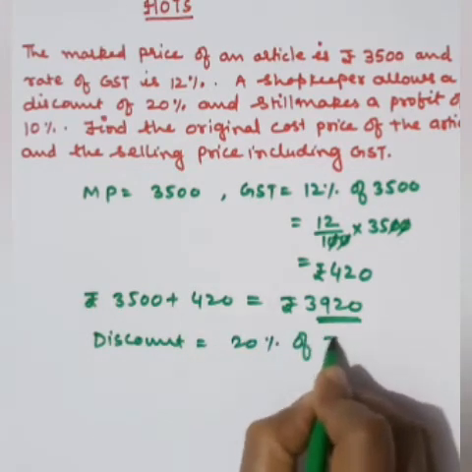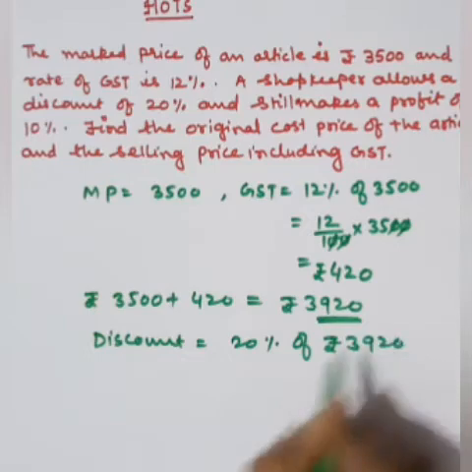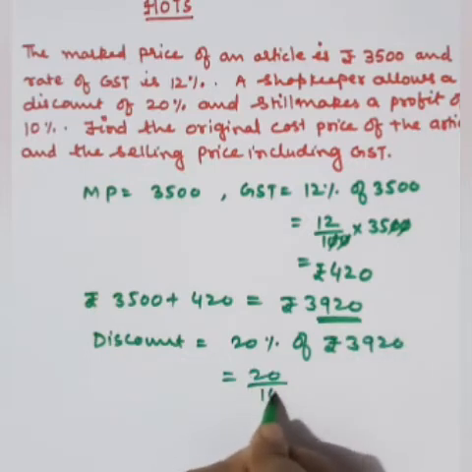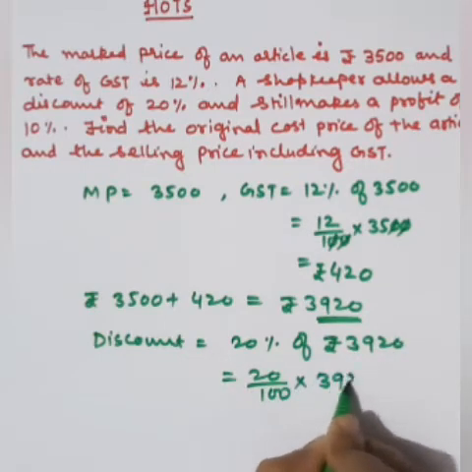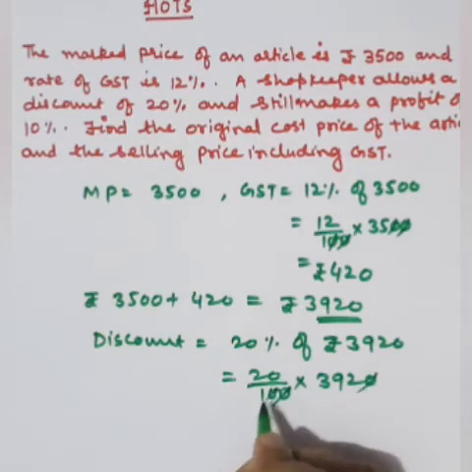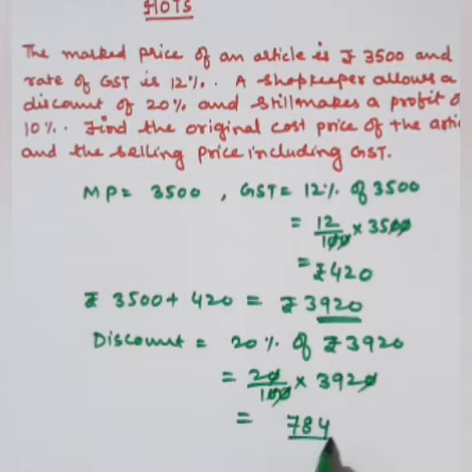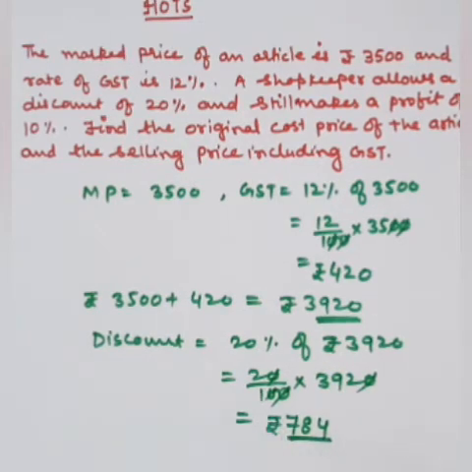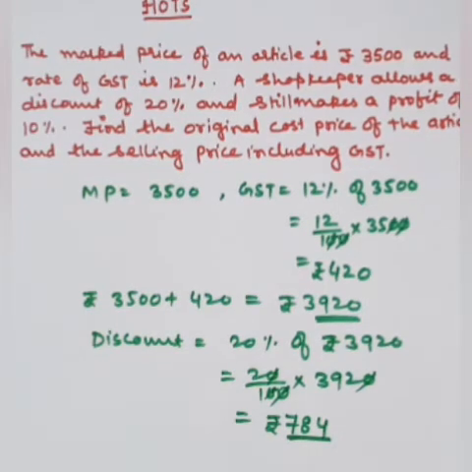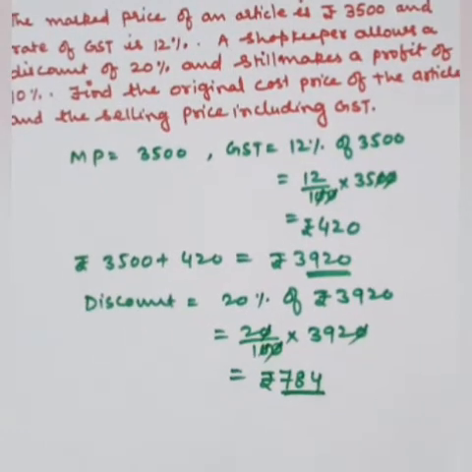20% of rupees 3920. So that will be 20 by 100 into 3920. So 0 0 cancel, 0 0 cancel. 2 2s are 4, 2 9s are 18, 1, 2 is 6 and 1 7. So this much amount will be lessened from 3920 so that the customer can get the discount of 20%.